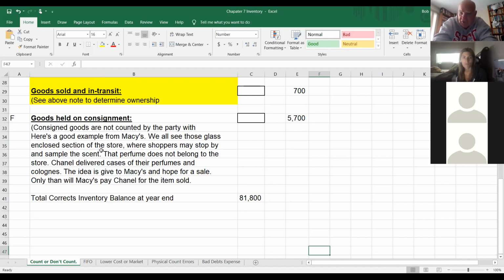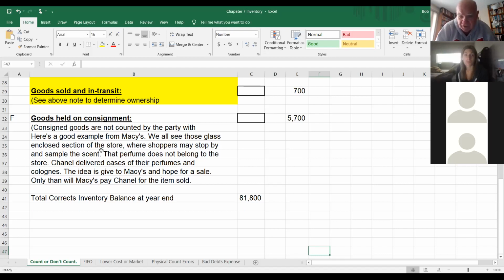It belonged to Chanel. The way that worked was Chanel sends Macy's, say, 1,000 jugs of perfume. And the deal is that inventory will sit on Macy's floor, and Macy's will try to sell it. That stuff does not belong to Macy's, it belongs to us.